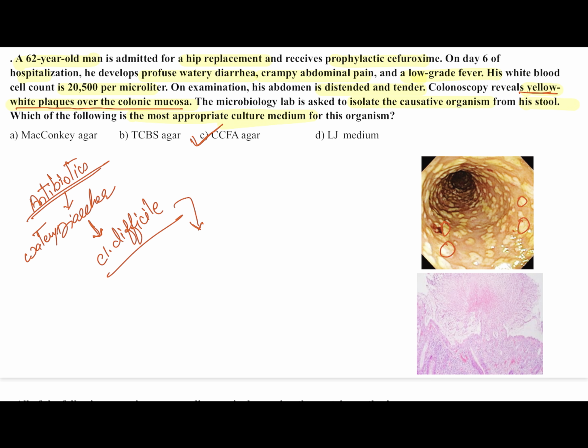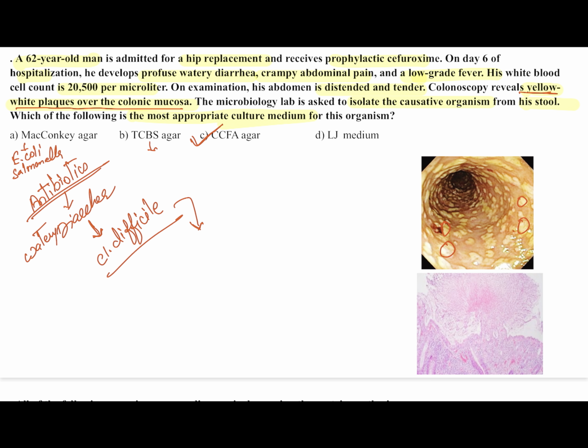CCFA means cycloserine, cefoxitin, fructose agar. This is the classic selective media for isolating Clostridium difficile. It contains cycloserine and cefoxitin, which will inhibit most of the gut flora, and fructose as a fermentable sugar is present, and since they are resistant to these antibiotics, this bacteria will grow. Why not MacConkey agar? It is for gram negative enterobacteria like E. coli and Salmonella. Why not TCBS?